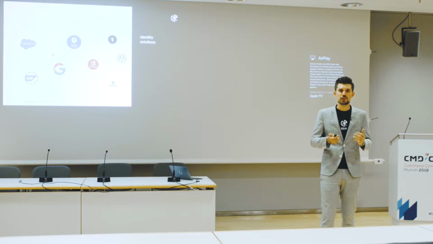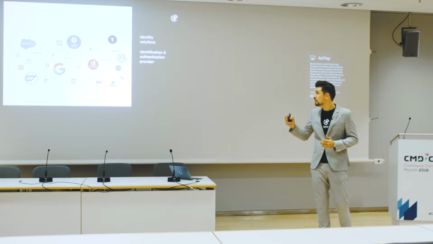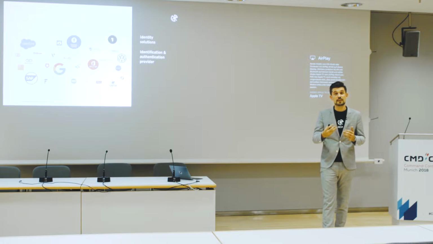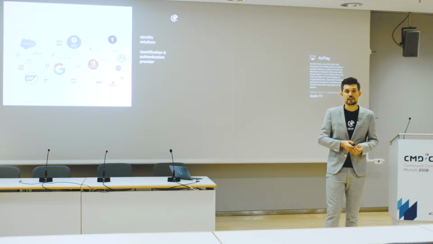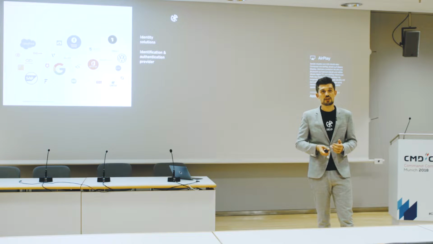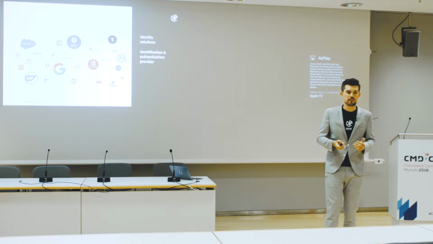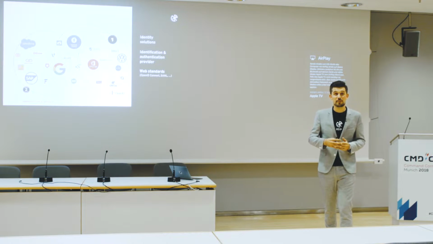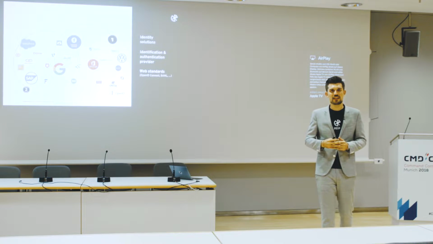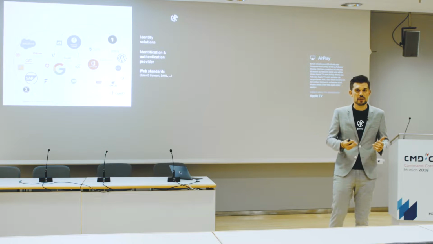Around those user databases, we have different providers that are verifying parts of it. This can be identification providers like video identification, but can also be authentication providers. And around that, we have different types of identity standards, like OpenID Connect or SAML.